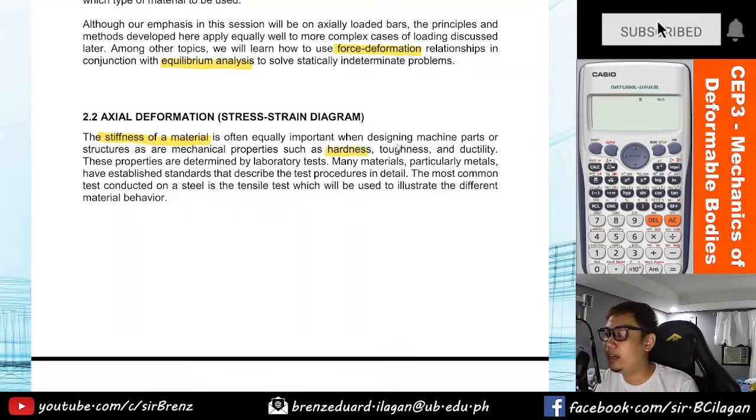So, we have the hardness, the toughness, and the ductility. So, bawat materials na ginagamit natin, especially in a structure or even in a machine part, may kanya-kanya kasi silang material properties. Okay? So, dyan pumapasok yung mga hardness, yung toughness niya, and ductility. So, these properties are determined by laboratory test.